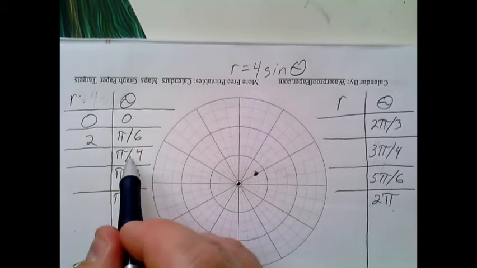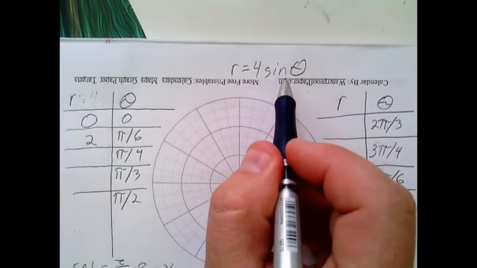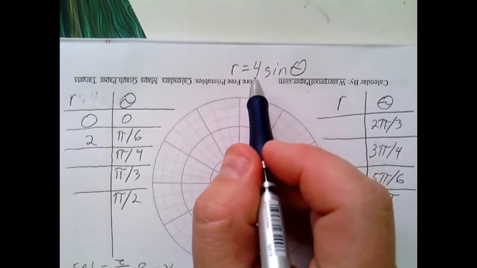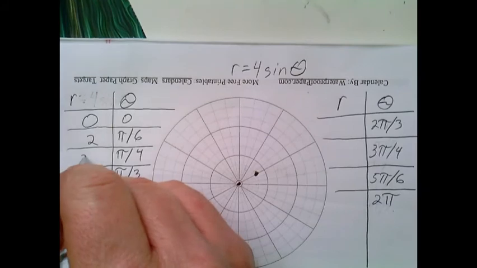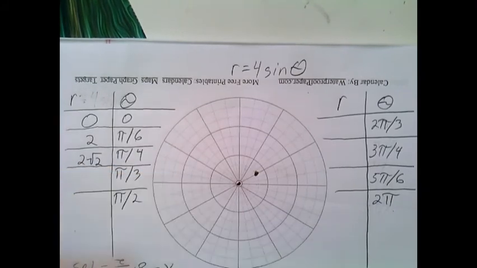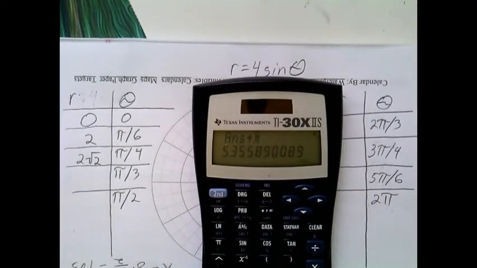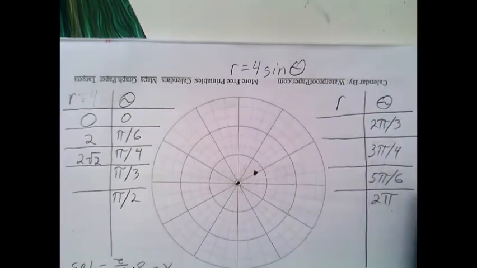Alright, pi over 4. Sine of pi over 4 is the square root of 2 over 2. Times 4 would be 2 square root 2. It might help if I use my calculator, just so I know about how far out I'm going. 2 square root 2 is 2.8.